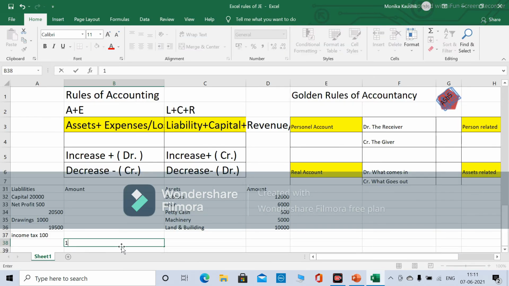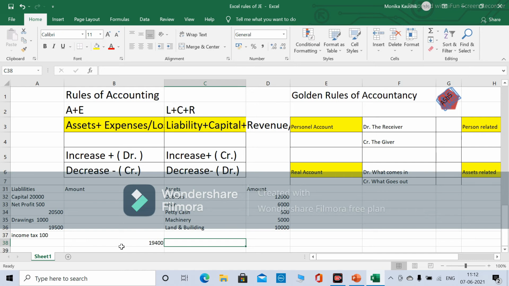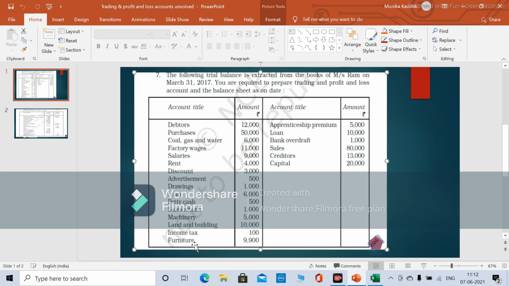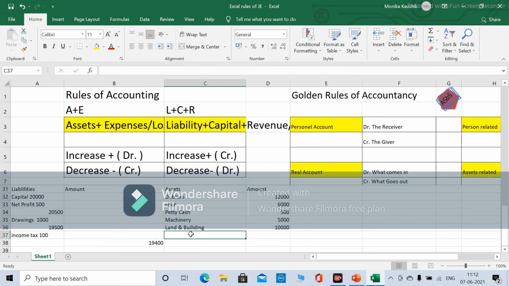Now we need to deduct it, so 19,400 will be my capital remaining. Capital plus net profit or less net loss, then less drawings and less income tax. Then what will I get? We will consider it here, 19,400. Now furniture is a fixed asset, 9,900.